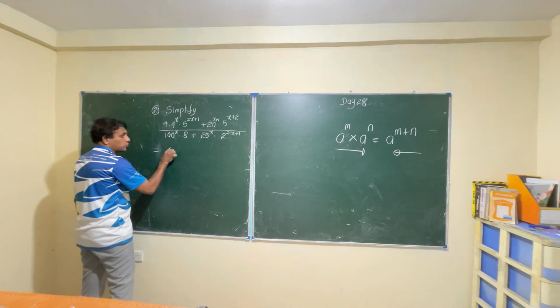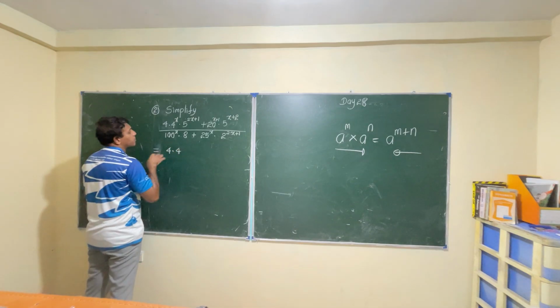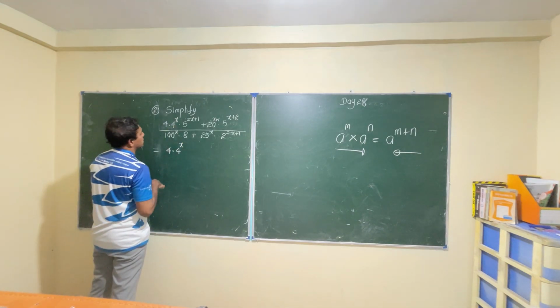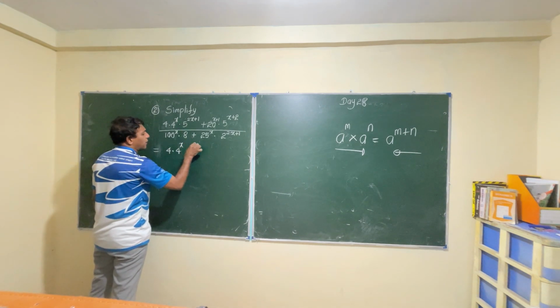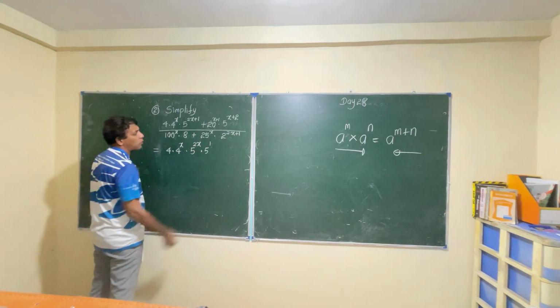4 into, dot means into, not decimal, right? 4 to the power x. Right, and what it is, 5 to the power, can I write 2x into 5 to the power 1, right?